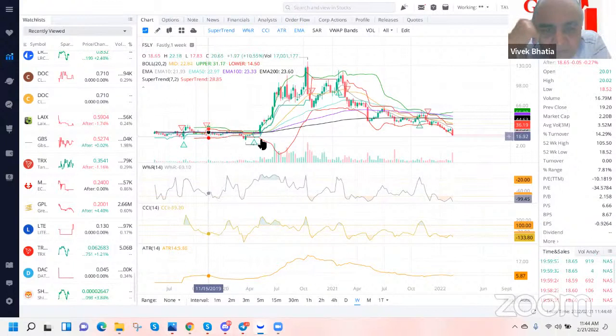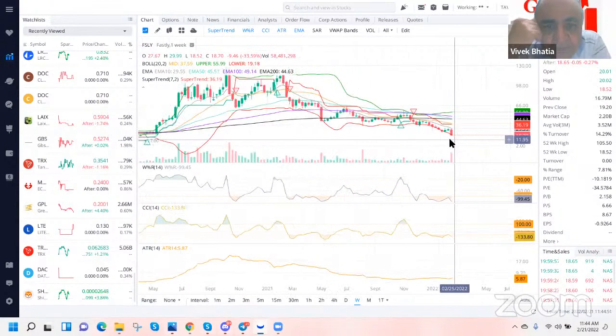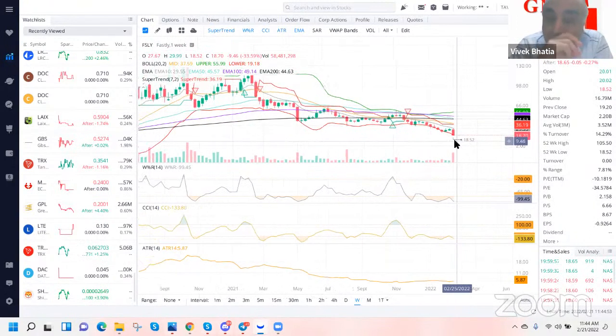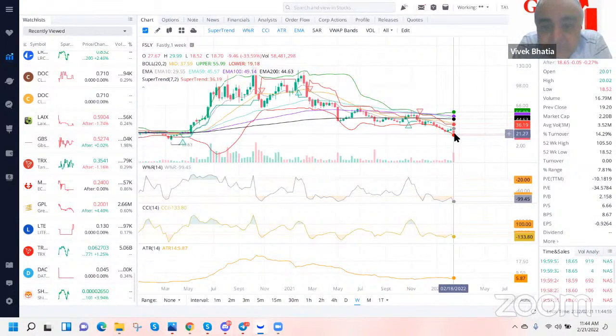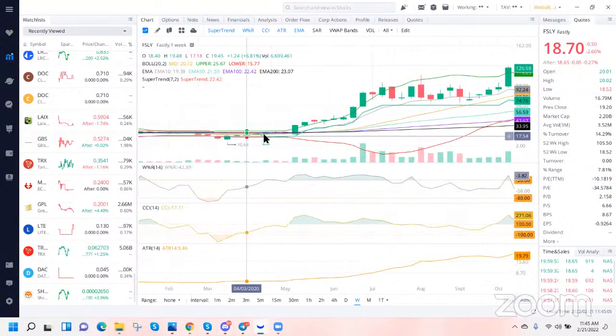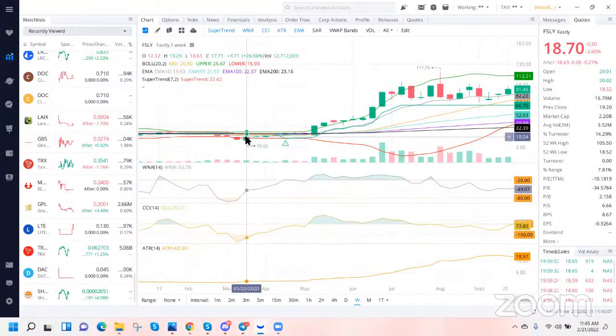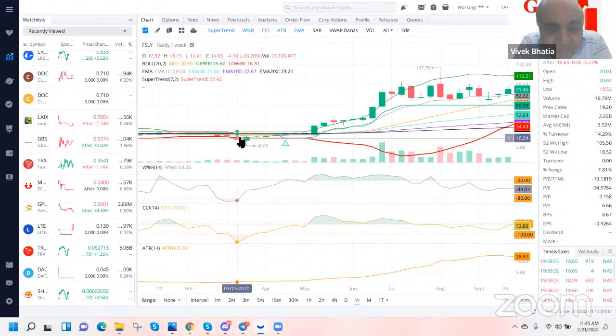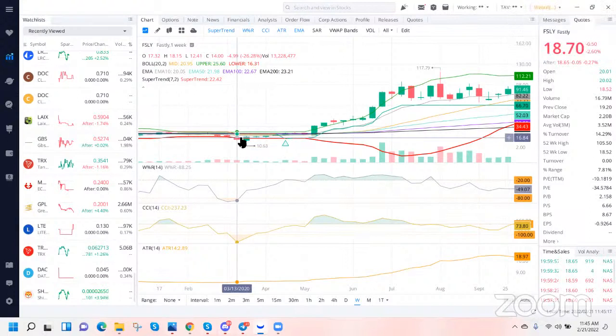But last week's candle volume bar is phenomenally high. So around 18 with a strong or closer stop loss, under 16.